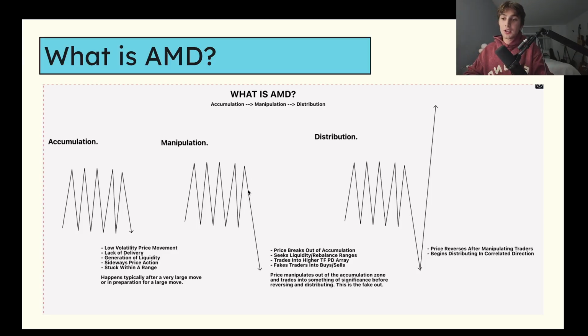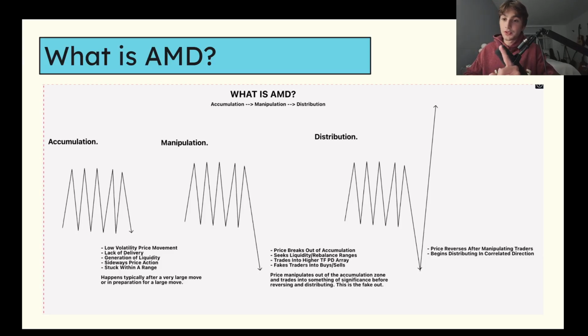Okay, we broke out of this accumulation lower, we're going to keep going lower. Wrong. That's manipulation, and it's trying to take out all the people here selling before it then actually delivers higher. So price manipulates out of the accumulation zone and trades into something of significance before reversing and distributing. This is the fake out move.